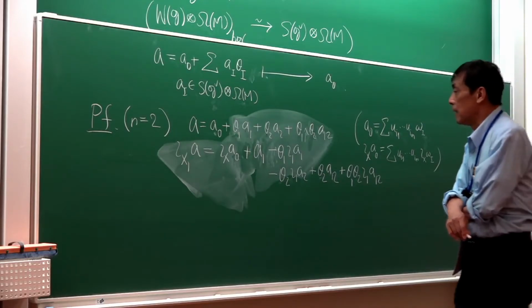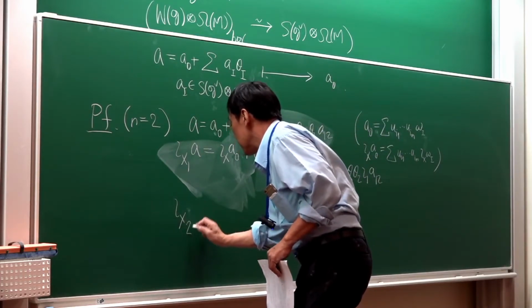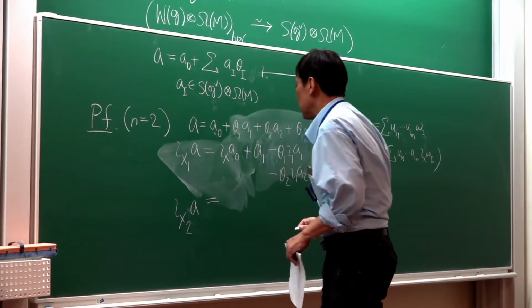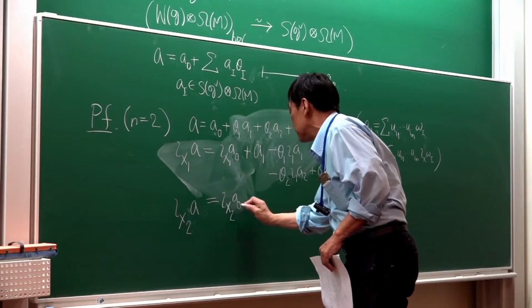And then I also have to do Ix2 of A, so it will be Ix2 of A0.